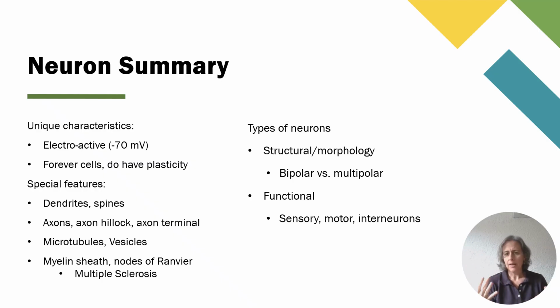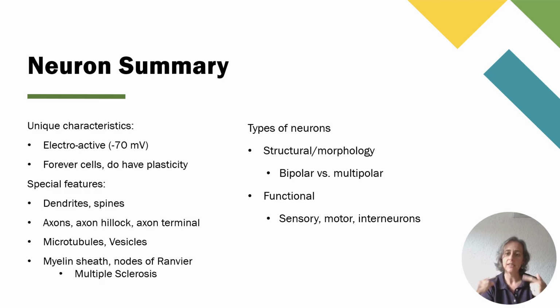Then we've got the cell body or the soma, which has all the usual organelles. And then the axon, which has an axon hillock, which is kind of the decider. And then we go out to the end, the axon terminal. We've got microtubules, that railroad system for moving things either anterograde down toward the axon terminals or retrograde back toward the cell body. Vesicles, little packets of neurotransmitters.